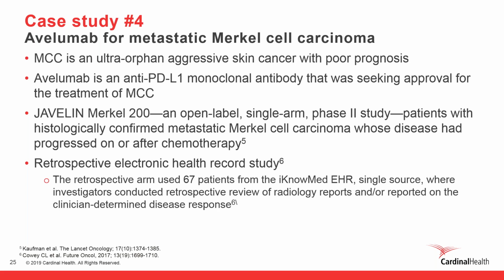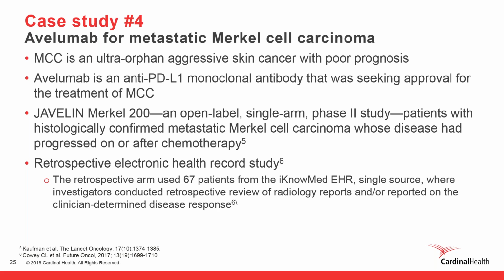The sponsors wished to use data from a retrospective chart review to support the submission. And so what they did was use the iKnowMed EHR from McKesson to identify Merkel cell patients to establish that natural history. So when they went into that database, they found 686 patients who were confirmed to have Merkel cell.